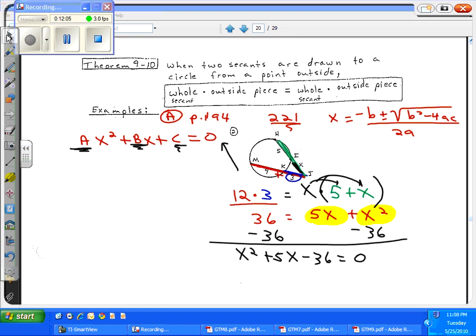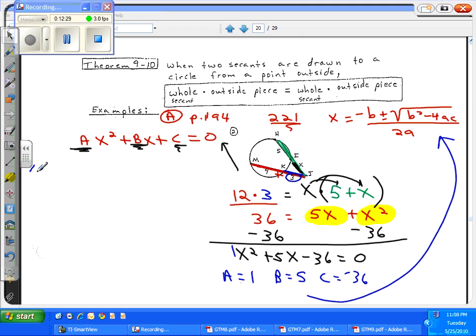We've got the x squared stuff first, the x stuff second, the number third. It's set equal to 0, so that puts it in standard form. The a is the understood 1, coefficient of x squared. B is 5, and c is negative 36.